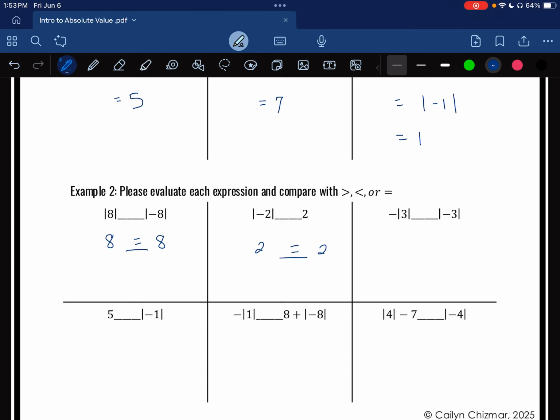All right, next, notice here I have this negative outside the absolute value, and here I have it inside the absolute value. So here, the absolute value of 3 is 3, but there's still that negative out front. Whereas here, the absolute value of -3 is going to be positive 3.